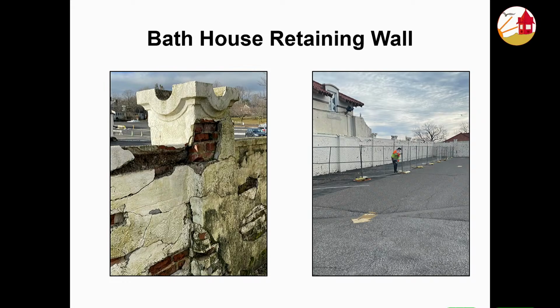So we're going to have a poured, reinforced concrete wall, which we will stucco over. We'll have precast caps on it, and we will mimic the concrete cap you see on the left, and have a form made so that moving forward, you can use that form for other caps. We have a lot of other caps that probably need replacing. Yes, so we'll have the form.